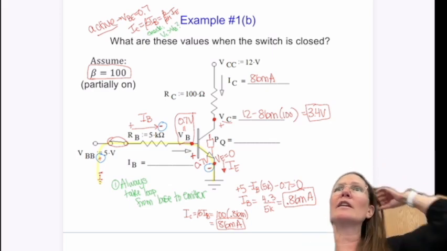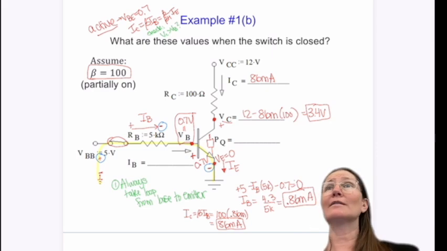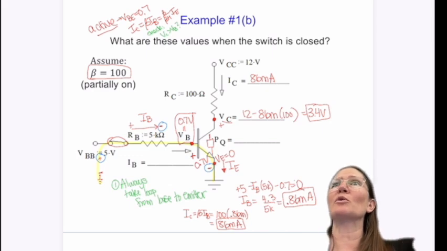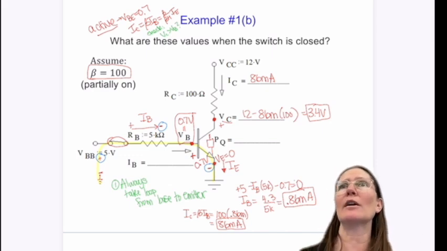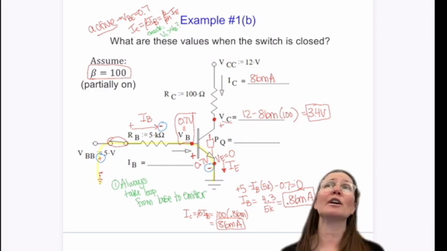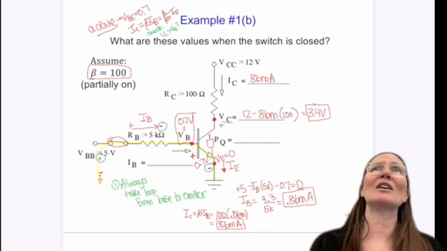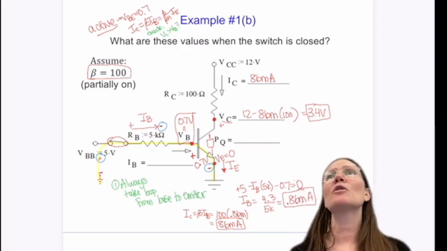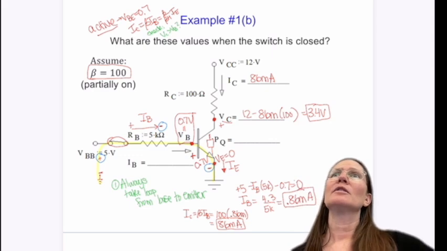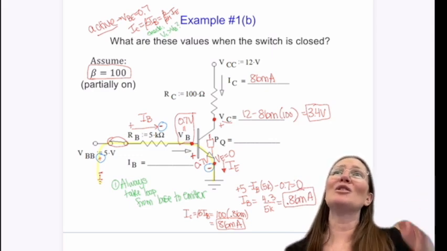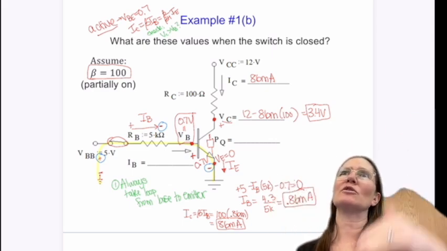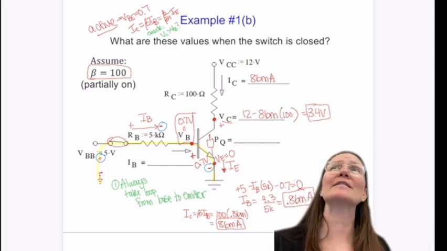So we don't know that until it's fully on and in saturated mode when it becomes fixed at like 0.2 or 0.3 volt drop across that one diode. But it will vary in between there, so you don't know exactly what that one is. So it's hard to take a loop through the collector and the emitter when it's active on. We can only do that when it's known state of like, yes, you're fully on, it's not going to change anymore between the collector and the emitter. Does that make sense? Yeah, thank you.